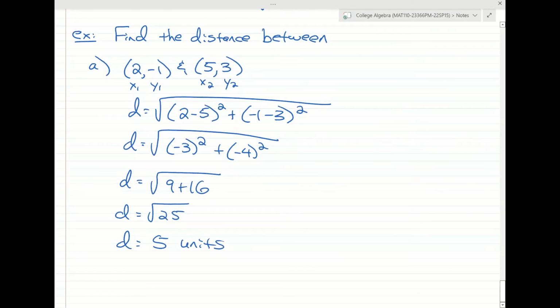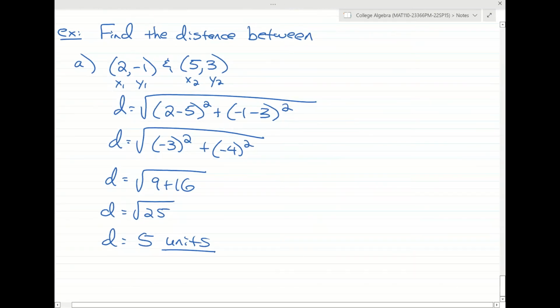Whenever you're talking about distance, you want to make sure you put units. If I said, what's the distance from here to that island? You wouldn't say 80, you would say 80 miles or whatever.